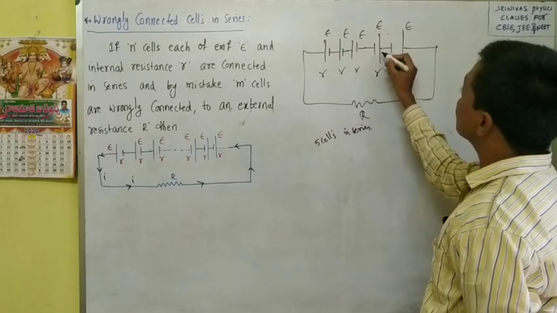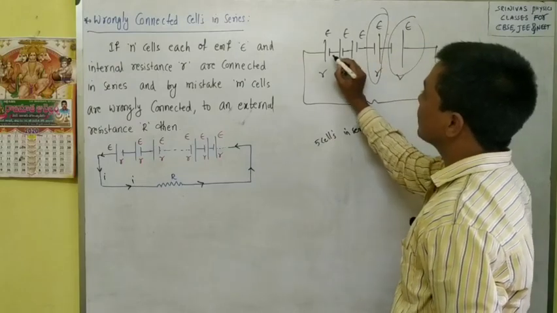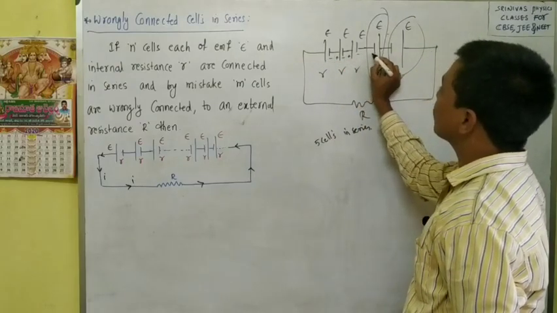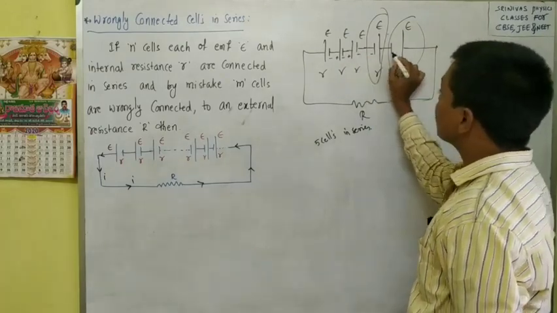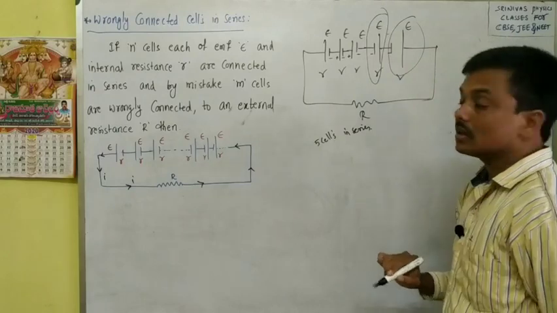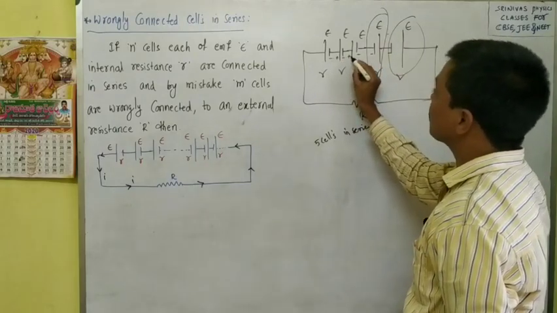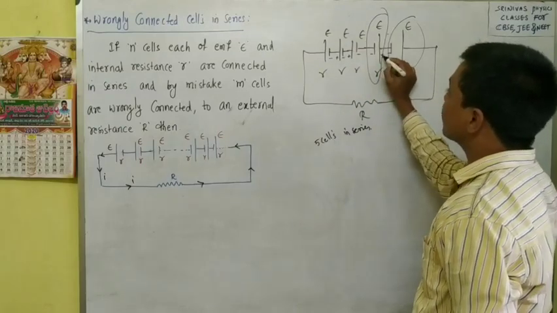But by mistake, 2 cells have their polarities reversed. Terminals are reversed. Negative connected to negative, that means it is wrong. Here also negative connected to negative. These 2 cells are reversed. Look here. Negative positive, negative positive, these are correct connections. And here positive is connected to negative.